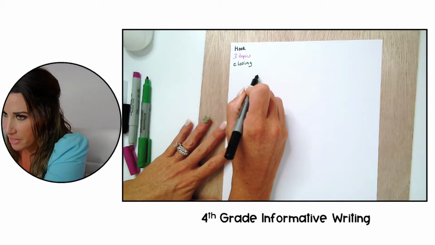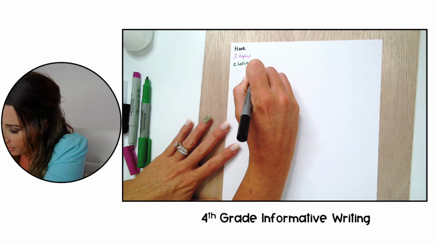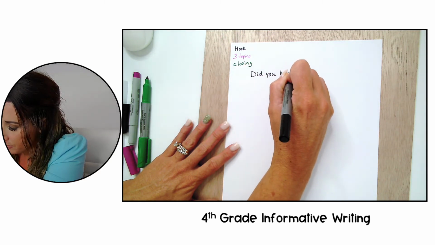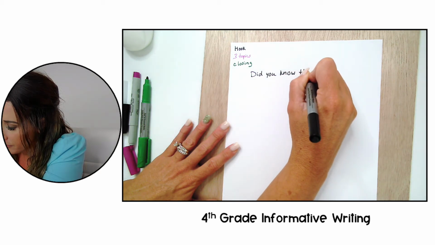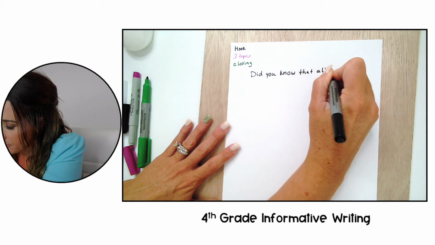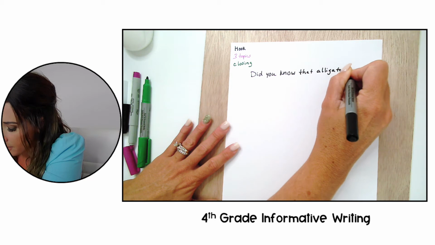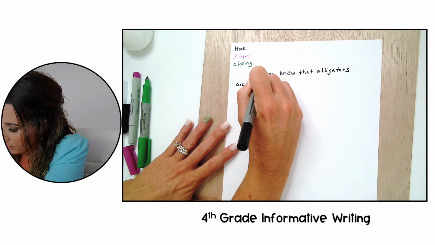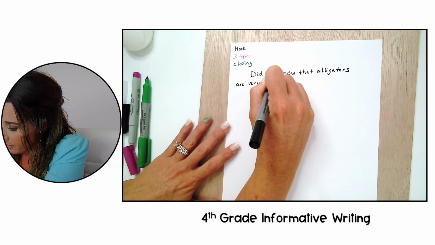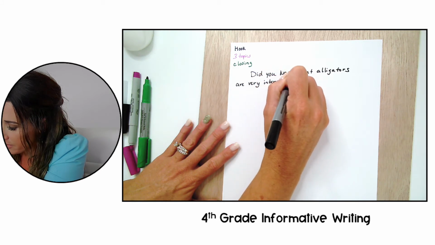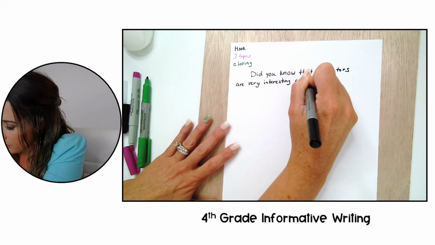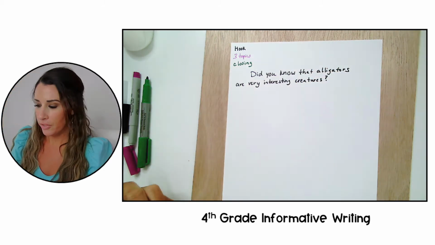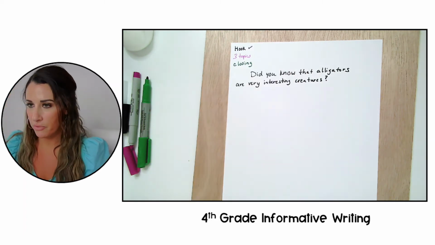I'm going to leave my space. So I'm starting a new paragraph. And I'm going to say, did you know that alligators are very interesting creatures? Okay, I'm going to put a little check so I know I'm done with my hook.